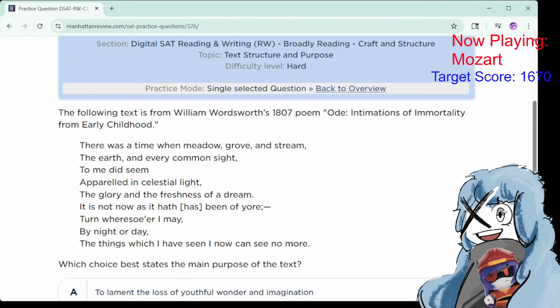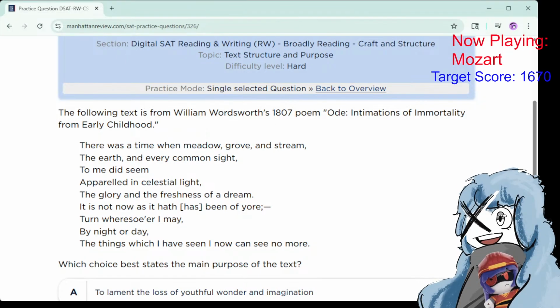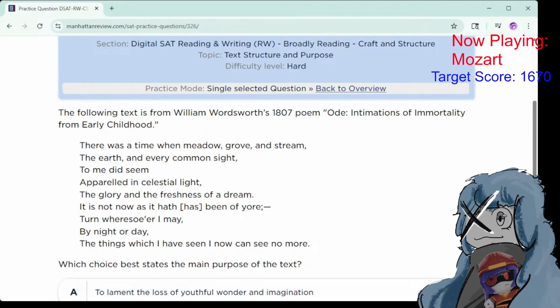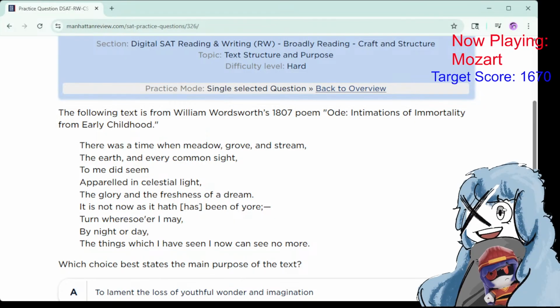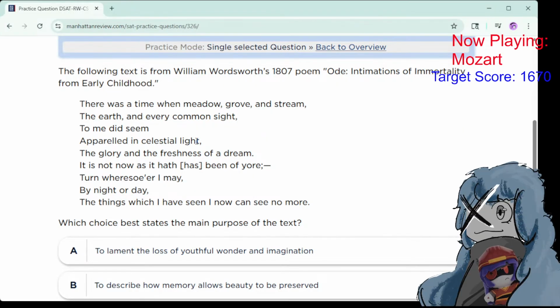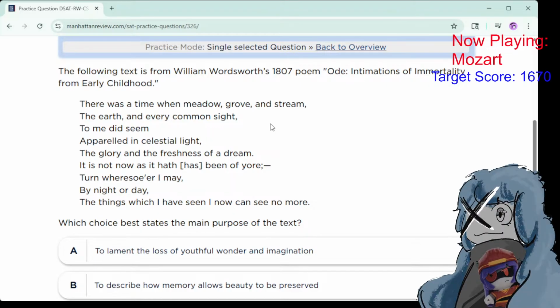So let's simplify this poem. There was a time when the environment, like the earth, the meadows, groves, and streams, like the rivers, the earth itself, and every common sight, like everything in nature, to me did seem, to him it seemed like it was dressed in a heavenly, cosmic light, which is so beautiful.